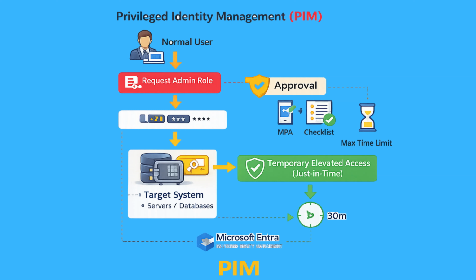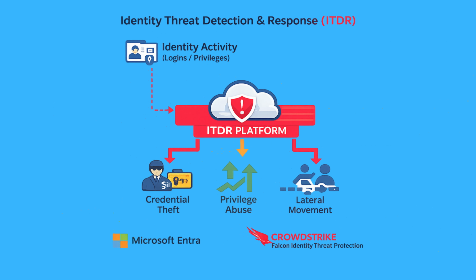So far, we have discussed how identities are managed and how privileged access is controlled. However, even with these controls, attackers may still compromise accounts. To detect such attacks, organizations rely on identity threat detection and response. Identity threat detection and response, or ITDR, focuses on detecting identity-based cyber attacks.